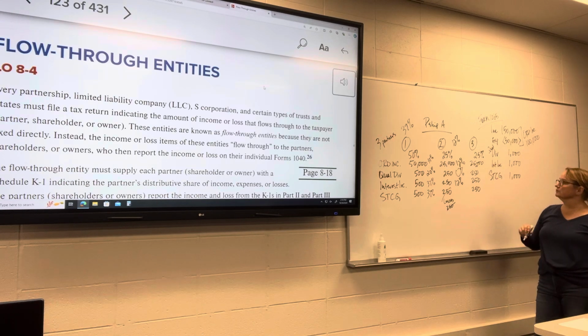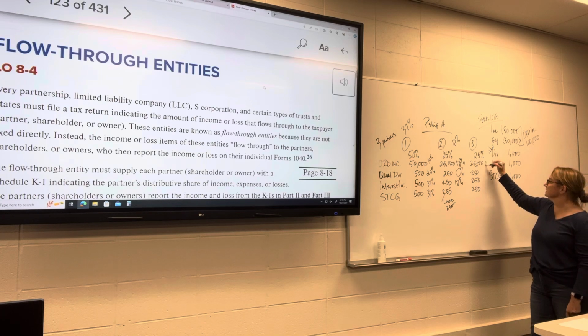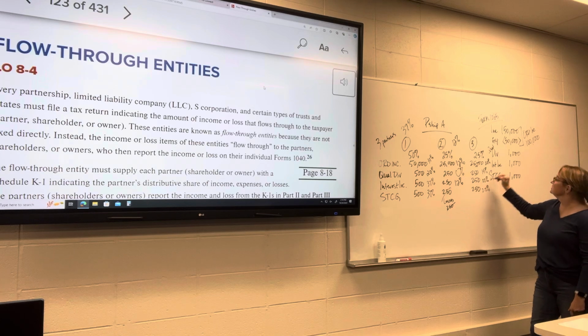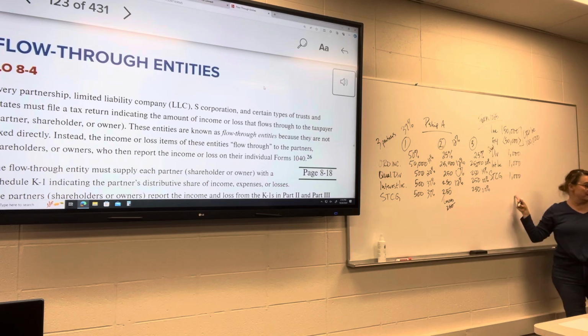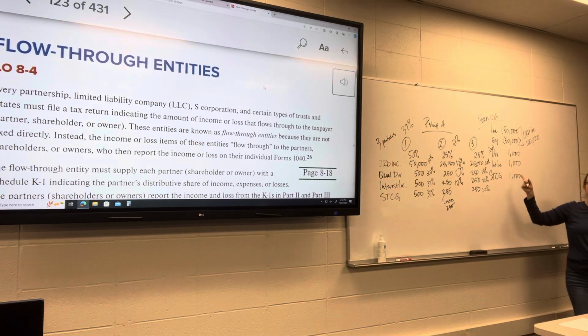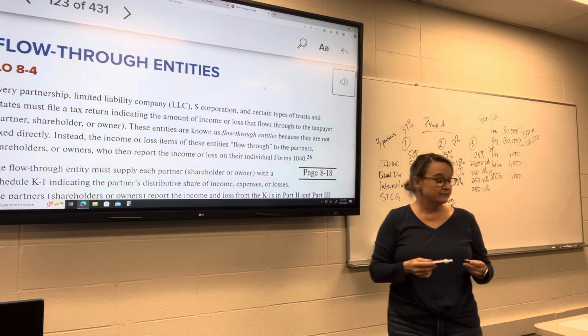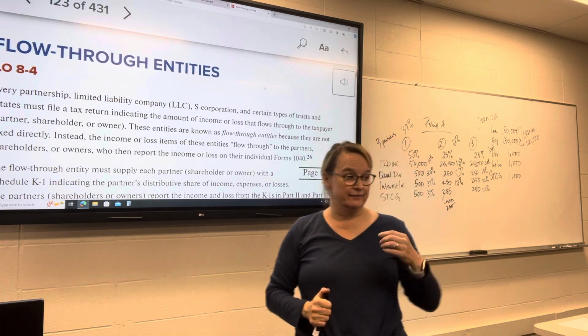And then partner 3, maybe they're 22%. And this is 15% qualified. And this is 22% because they don't have anything else, and 22%. So the same income from the same company is going to be taxed differently for each partner. They're each going to pay at their rates.